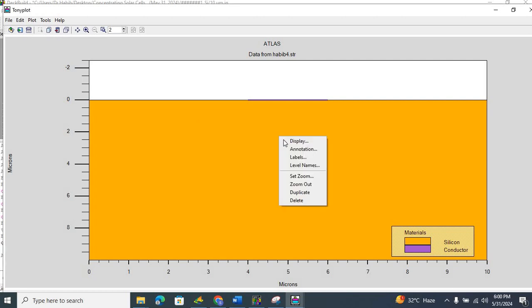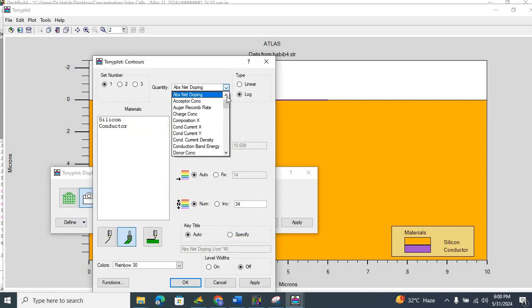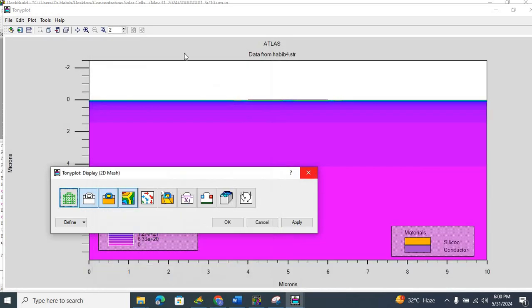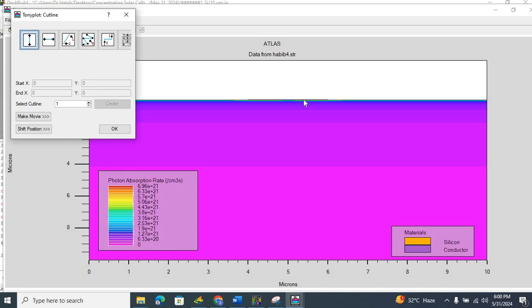Before that, we can also see the photogeneration rate and the photon absorption rate. Let me look at the photon absorption rate. So I click on apply, and then we can draw a cut line across the structure as well.